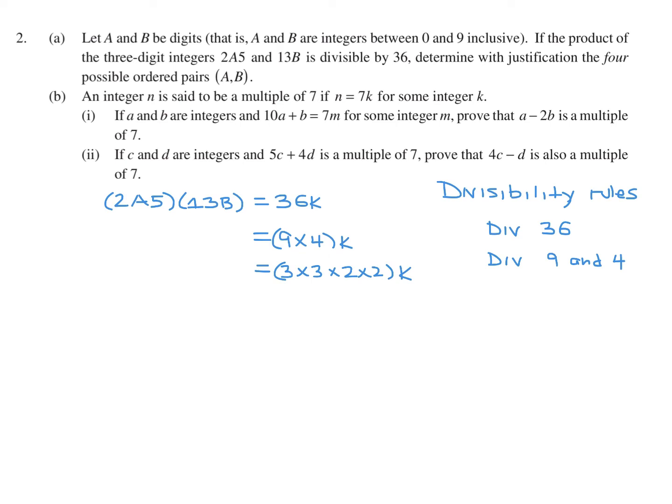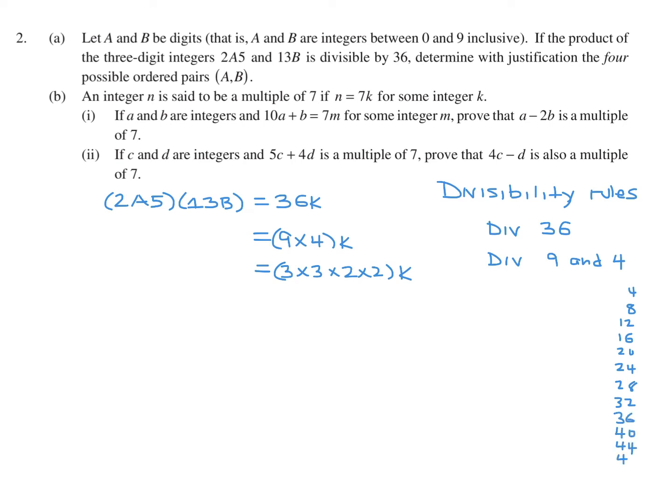Okay, so which one is which? Well, anything that ends in a 5 can never be divisible by 4. If you look at the multiples of 4, you have 4, 8, 12, 16, 20, 24, 28, 32, 36, 40, 44.